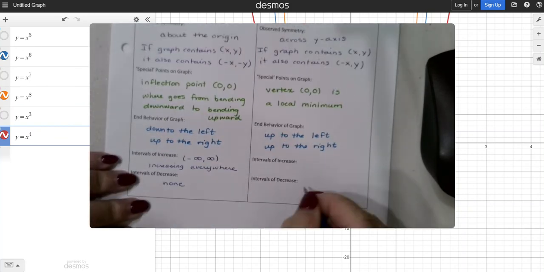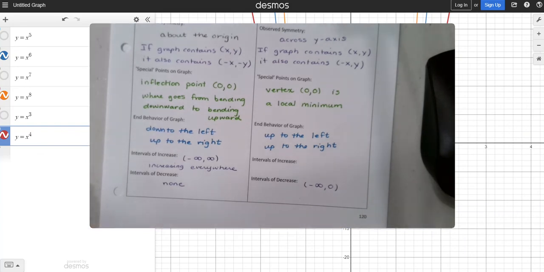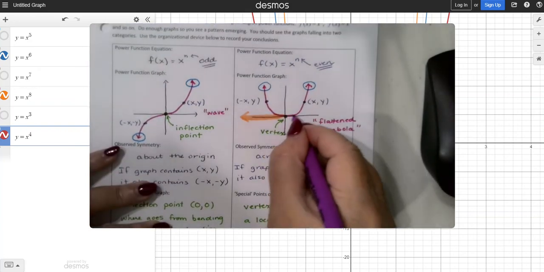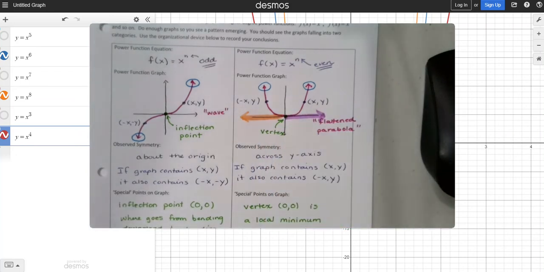So decrease would be from negative infinity to 0. And then on the other side, whoops, sorry. On the other side, we have the increasing here. So from 0 to infinity, we would have an increasing graph.